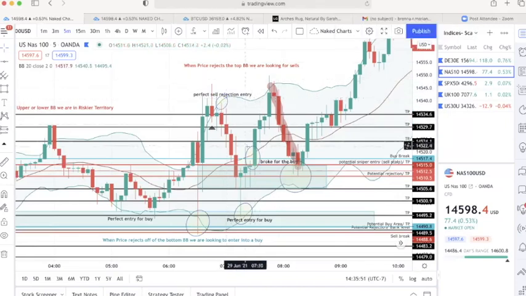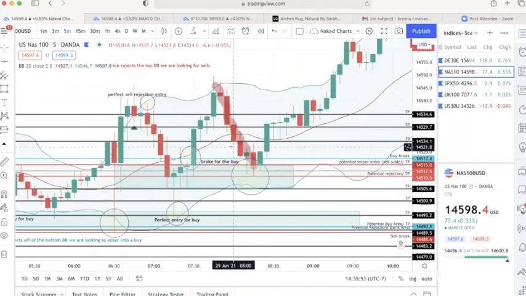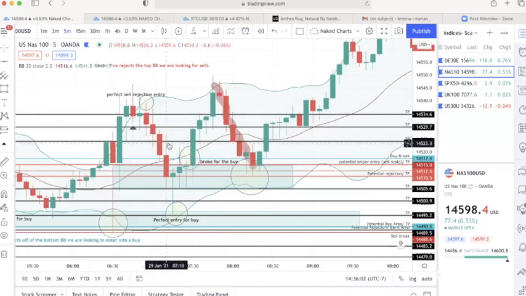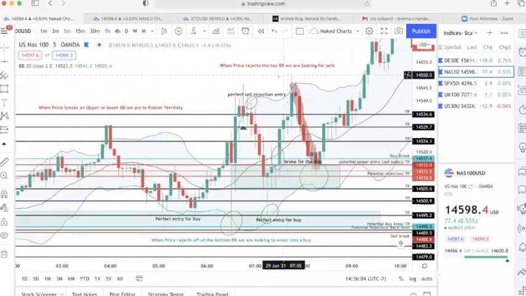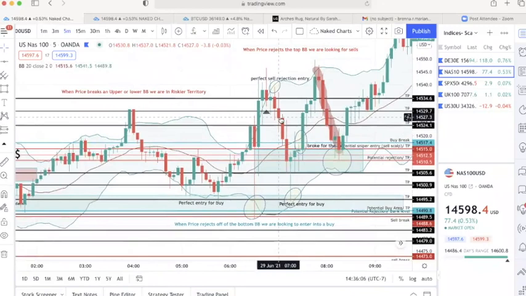But yes, so that's price starting. So remember when we talked about when price broke out of the Bollinger Band and how that's a riskier trade? Yes. So once that trade becomes safe again, like a safe entry for the next trade, right?